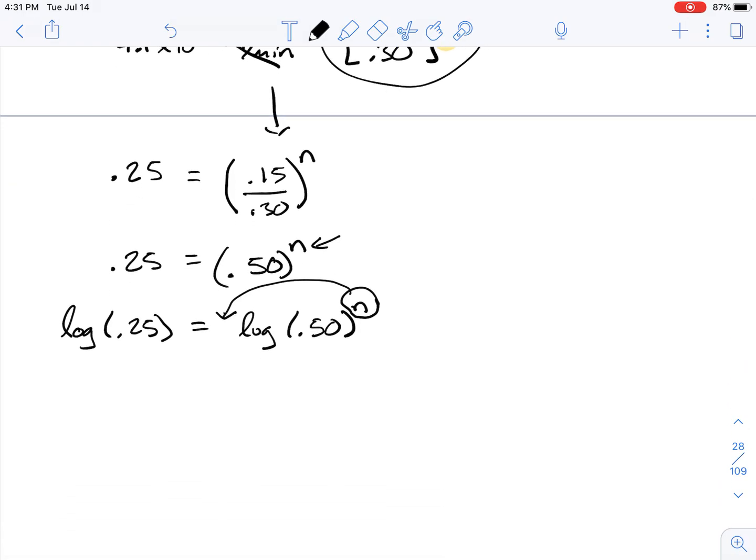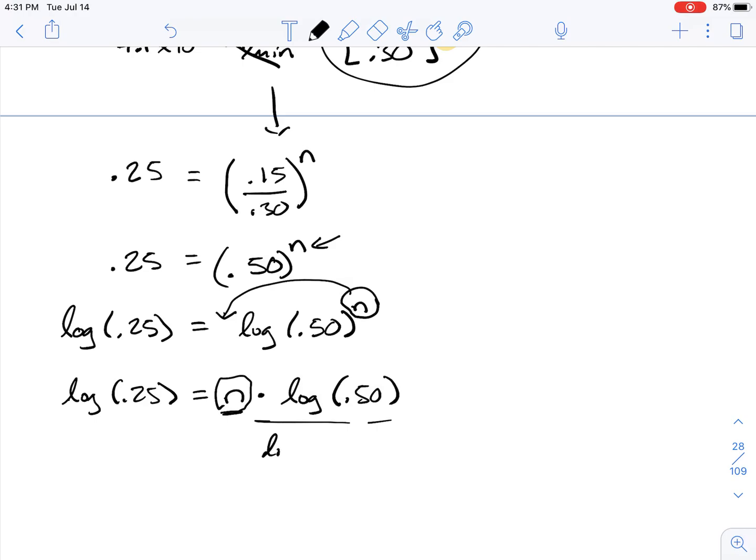So what we get is log of 0.25 equals n times the log of 0.50. Then to solve for n, the variable we're looking for, we can divide both sides by log of 0.5.